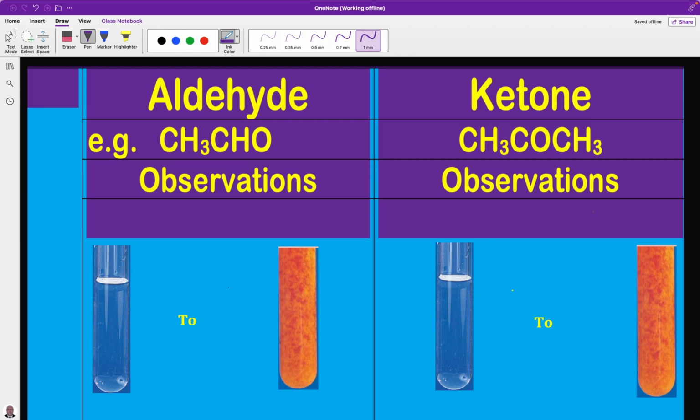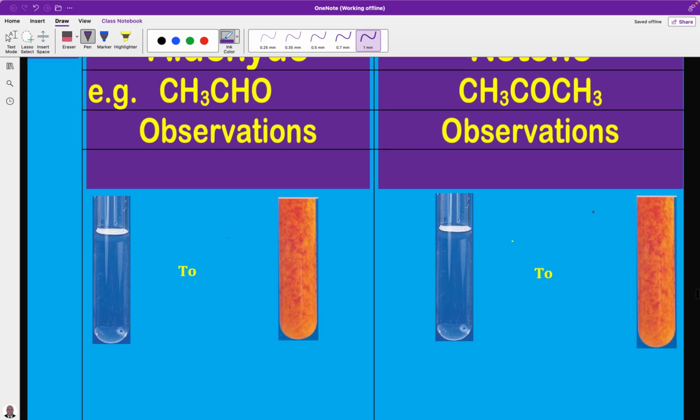So when 2,4-dinitrophenylhydrazine is added to these two test tubes, there is a deep orange precipitate that is formed.